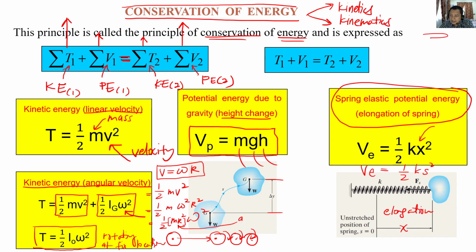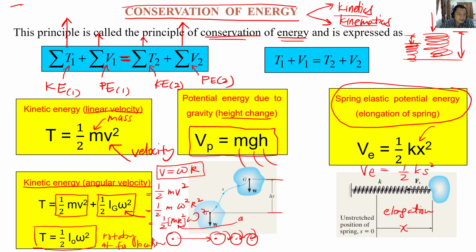If you have a spring, the original state is like this. If you press it, if you give a force, it becomes compressed and has stored energy. So these are the typical things that you're going to see if you are dealing with problems of kinetics and kinematics. You can solve them using conservation of energy.